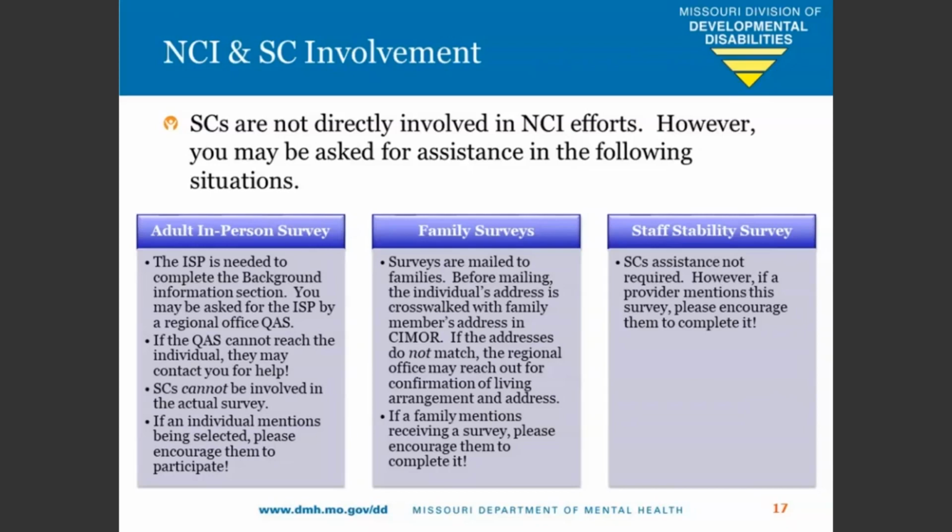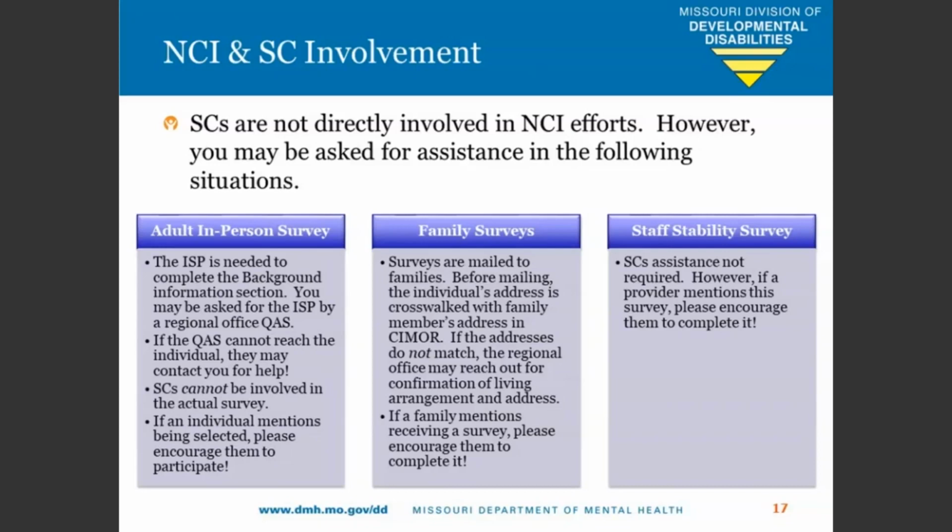Also, with this survey, when we schedule the survey, we reach out to the individual via telephone to see if they are interested in participating and to schedule the survey.